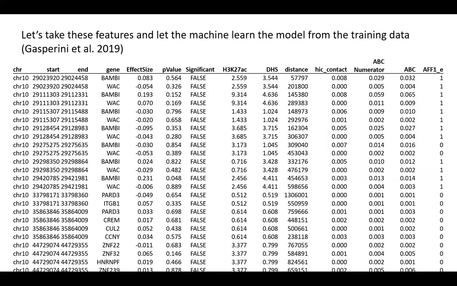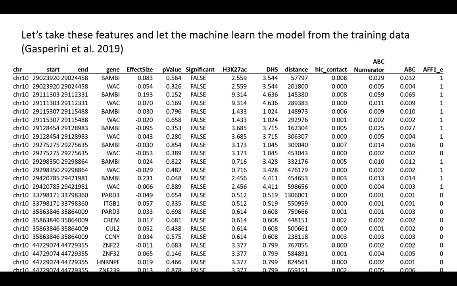So the input looks something like this, although it's not the whole table, where you have an enhancer locus that is defined by the chromosome, start and end. You have a target gene. The target gene is always within 1 megabase of the enhancer. And we know the effect size and the p-value and the significance of that relationship from the Gasperini experiment that we just derived this data from.